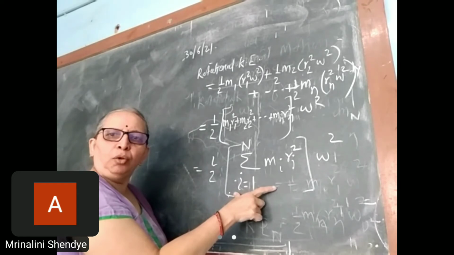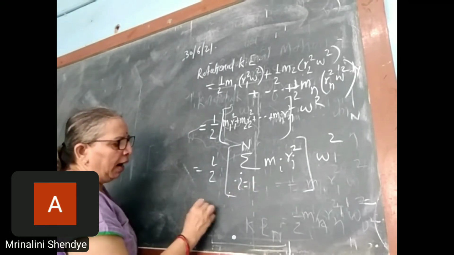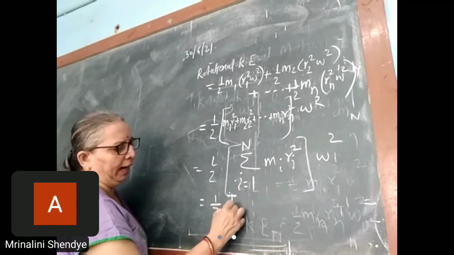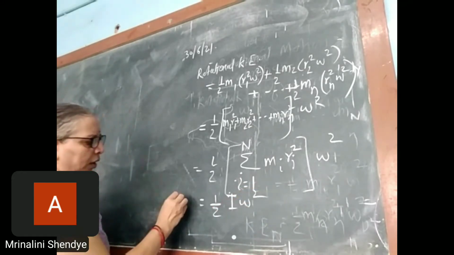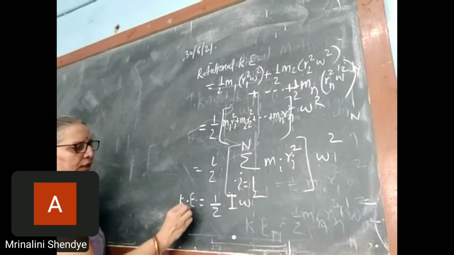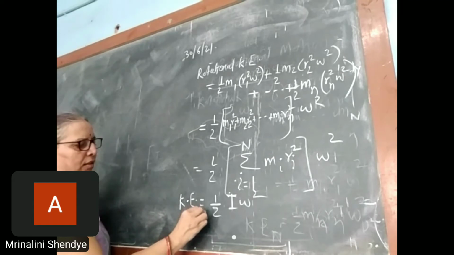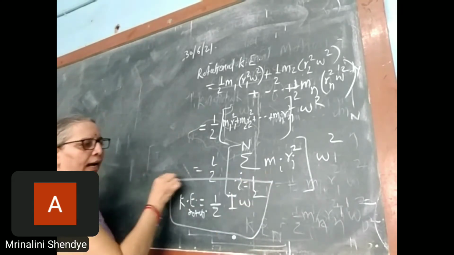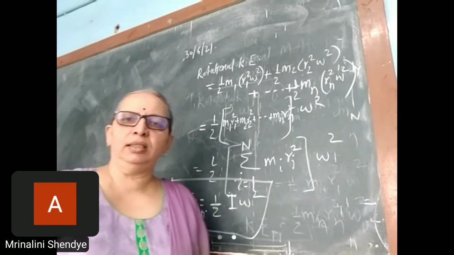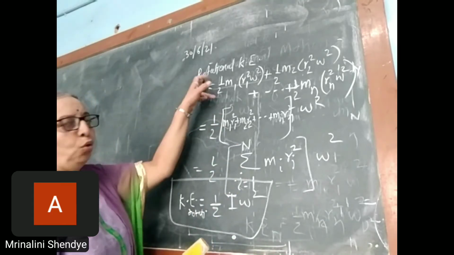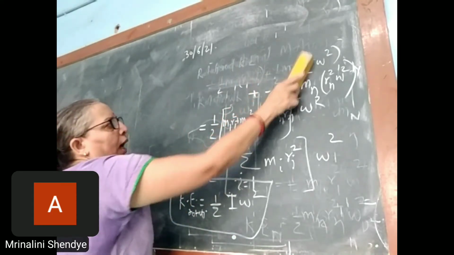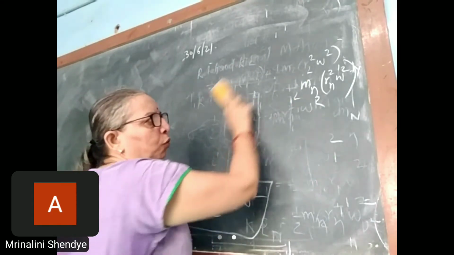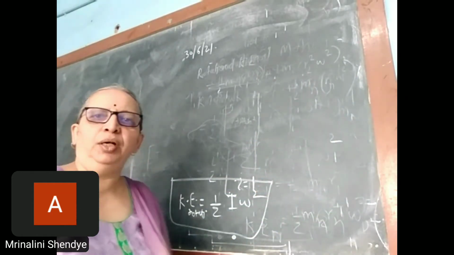If you let the quantity in the bracket be denoted by the symbol I, then you get rotational kinetic energy half I omega square. This is the first derivation in rotational motion. I have told you what you feel is important during the lecture.